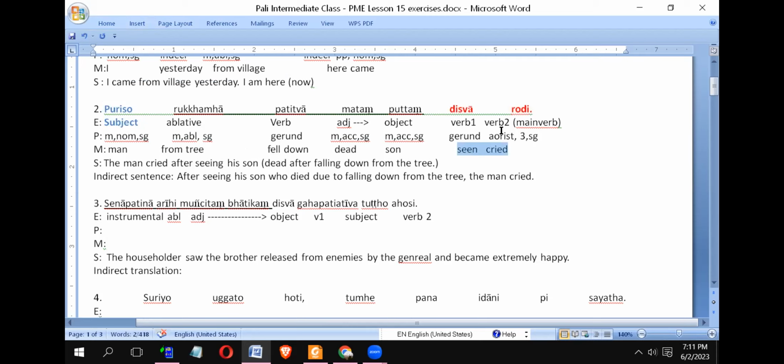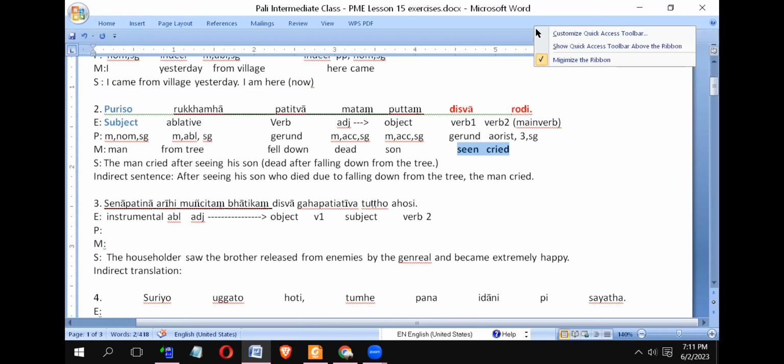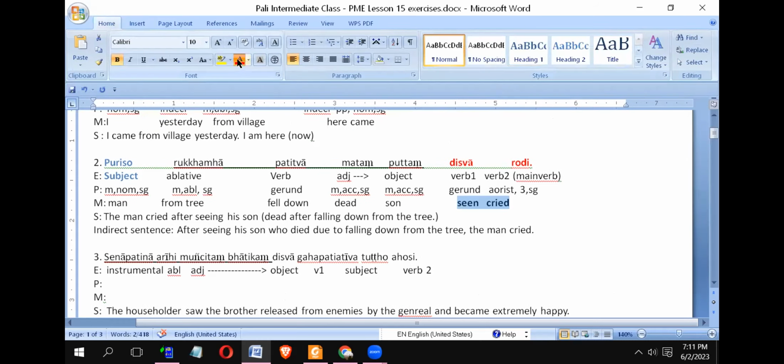So it's actually very easy. The man, you know the subject. He sees something, verb number 1, he cried, verb number 2. So the sentence actually, the man cried.